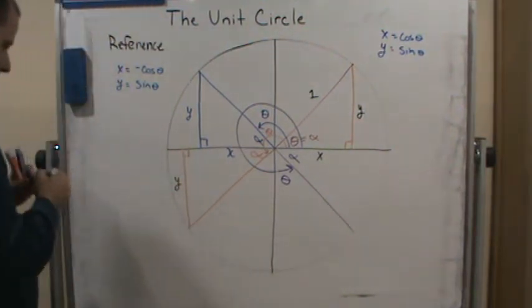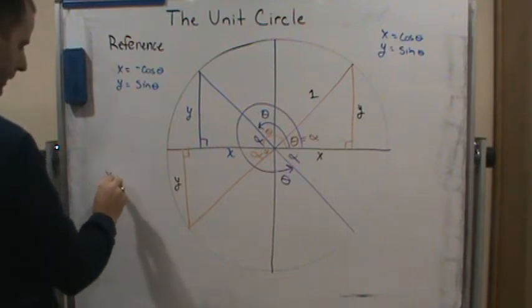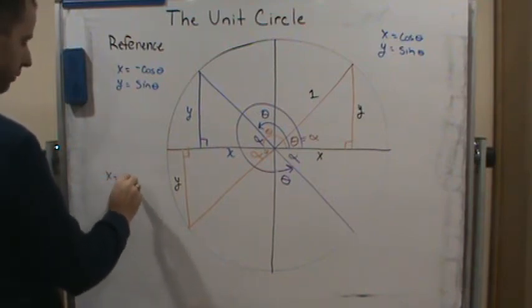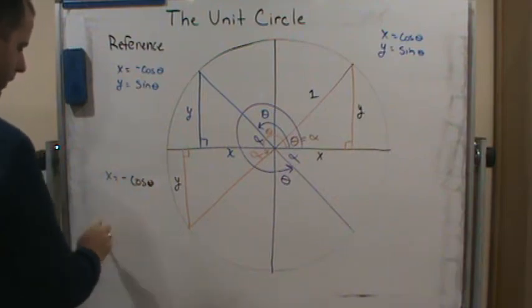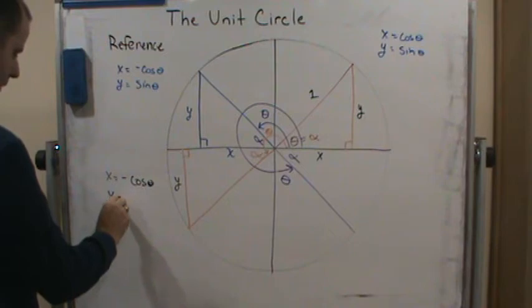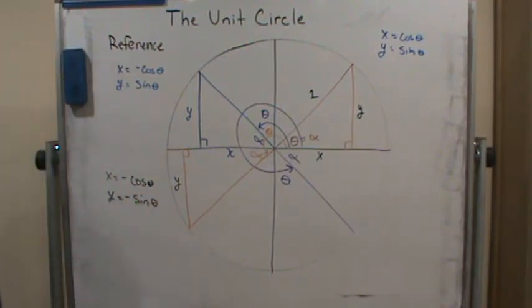So here x equals negative cosine theta, and y equals negative sine theta.